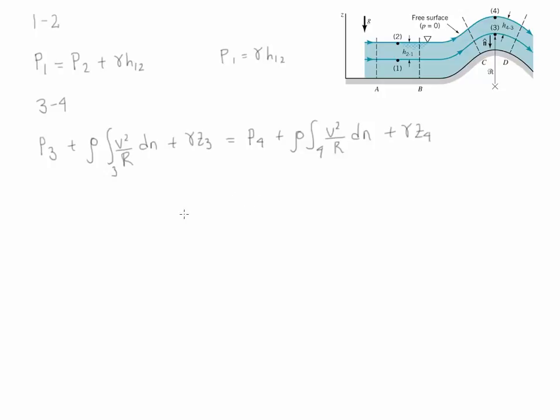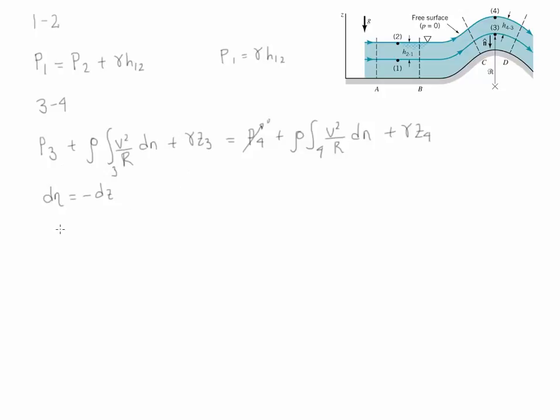If we're able to evaluate this, we could see once again that the pressure at point 4 is equal to 0 since it's exposed to the atmosphere. We also know that according to this graph, the normal direction is in the opposite direction of the z direction, so we could say that this equation is true.